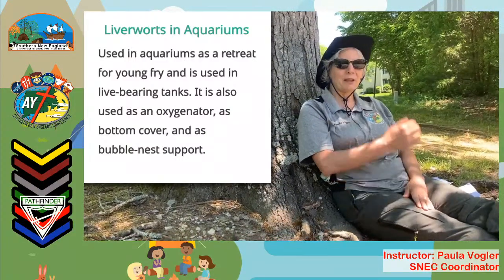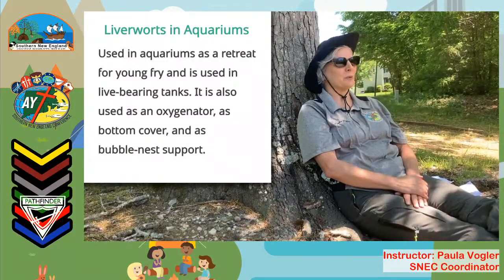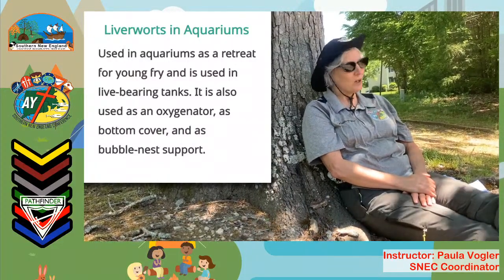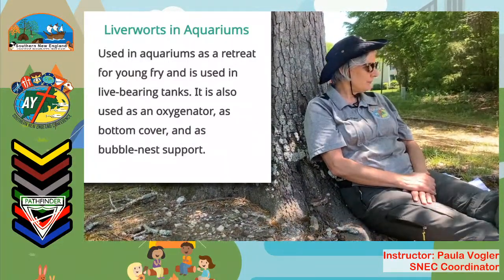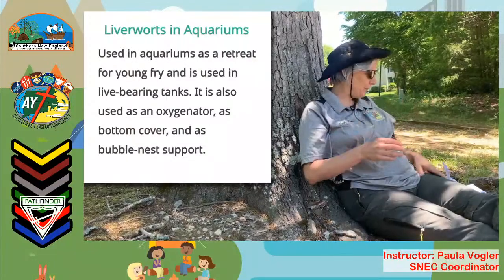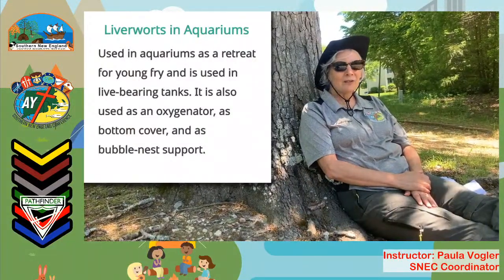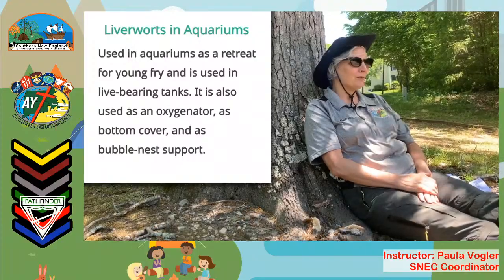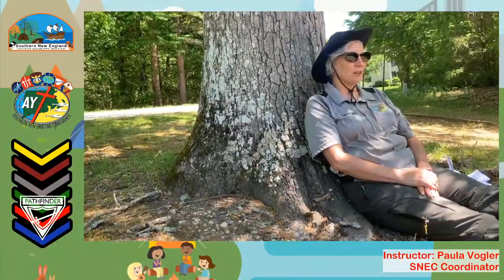So sometimes a liverwort is in there for bubble netting, so they can put bubbles in there. It oxygenates the water. Sometimes if you have multiple fish in there, the young fry can hide in and amongst the liverworts. So it really is kind of a unique, cool looking plant.